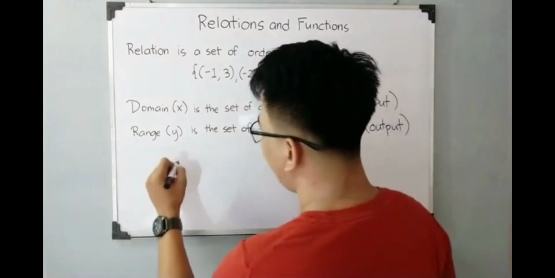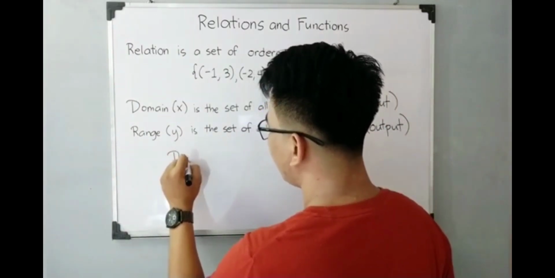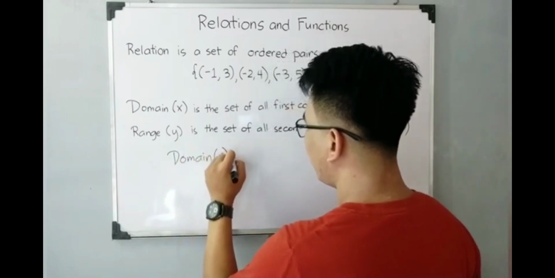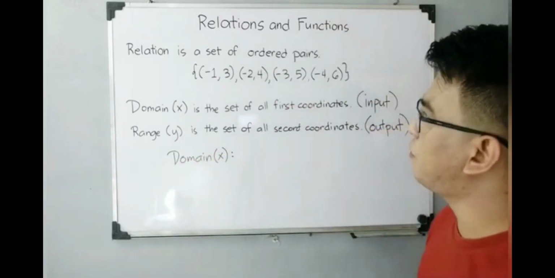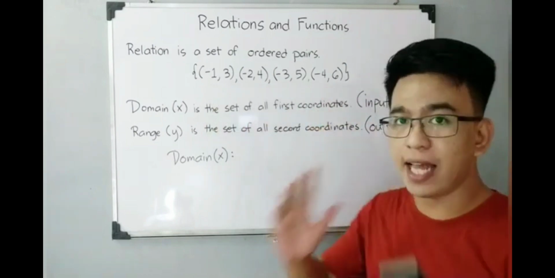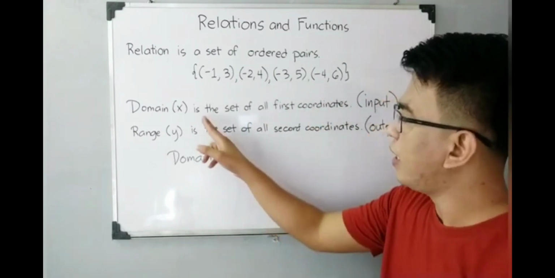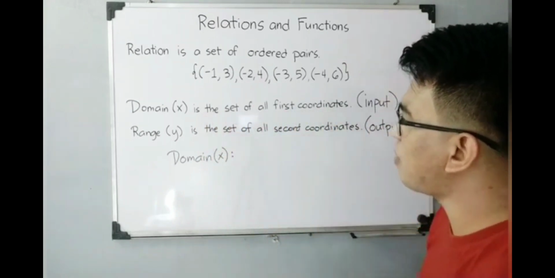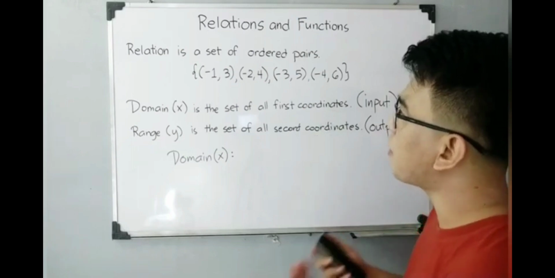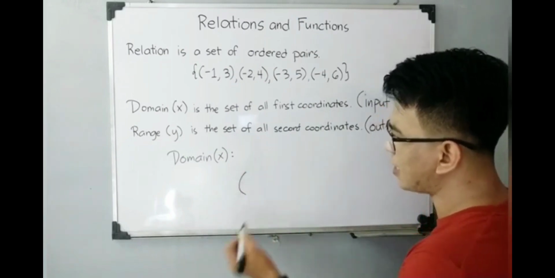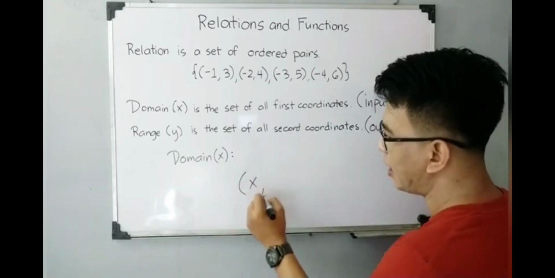So, if I will be asked for the domain of this given relation, our definition says it is the set of all first coordinates. So look for where the first coordinates are. Remember, when we have coordinates, they are represented by (x, y).